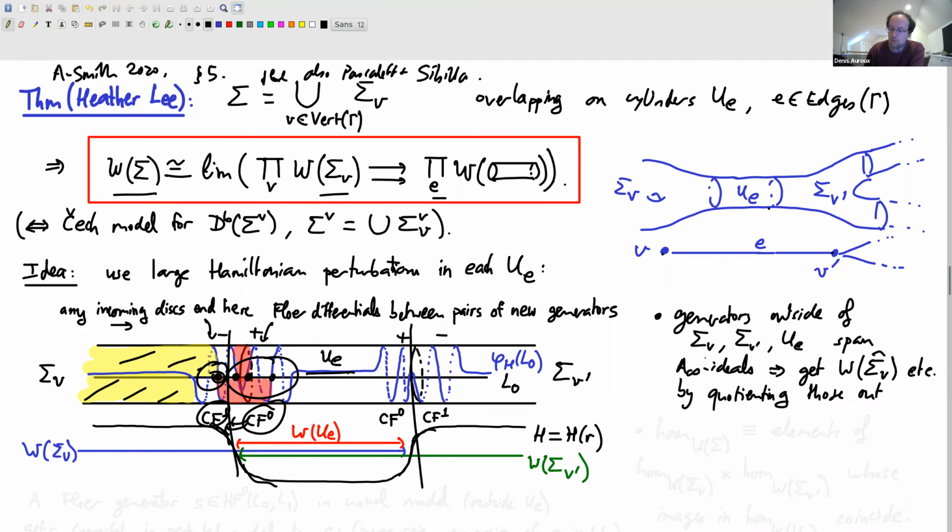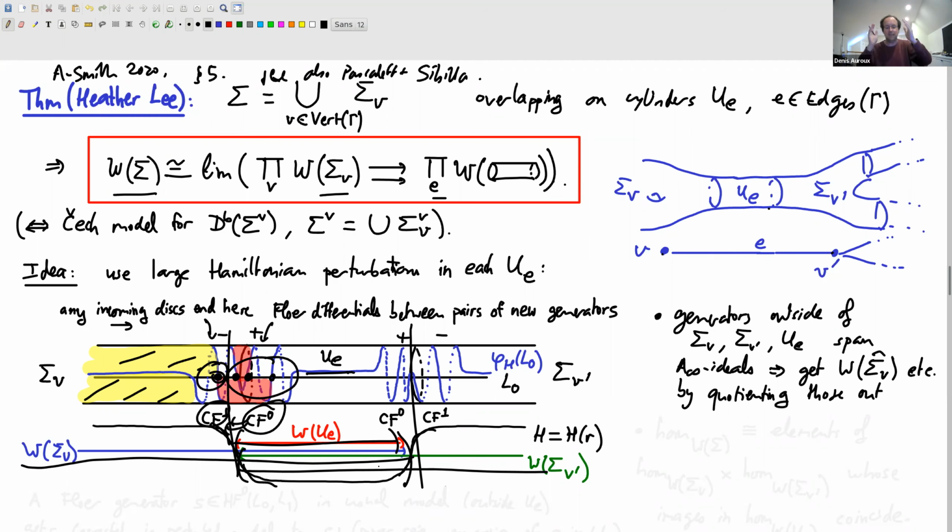So what you can get furthermore is that the generators that are not in, say, sigma v going all the way to here, or not in sigma v prime going all the way back to here, or in fact not in the cylinder, span what's called an A-infinity ideal. That means the output of any Floer operation involving one of those is also one of those. And so that means you can quotient by them and be happy about just discarding them and never looking at them.